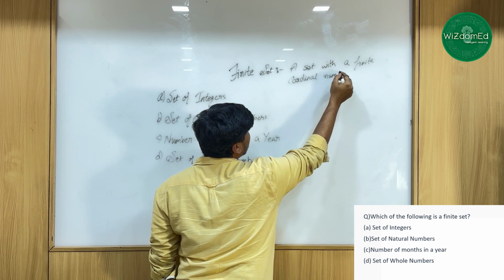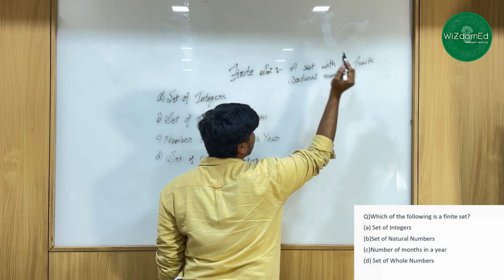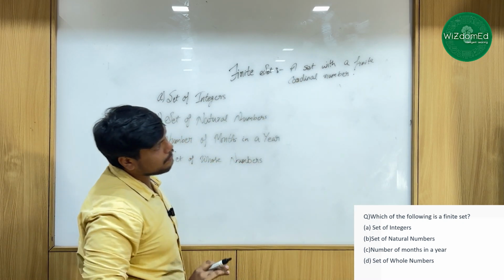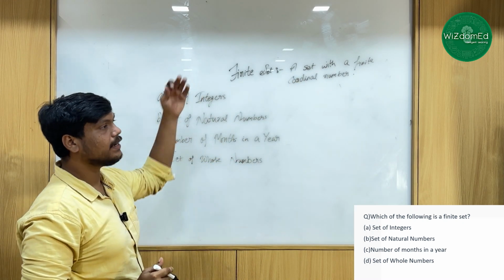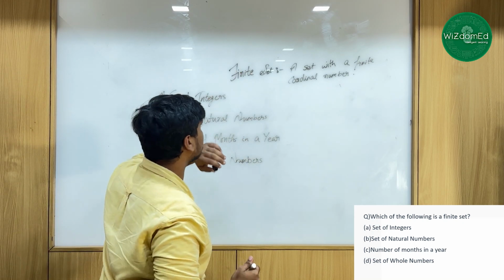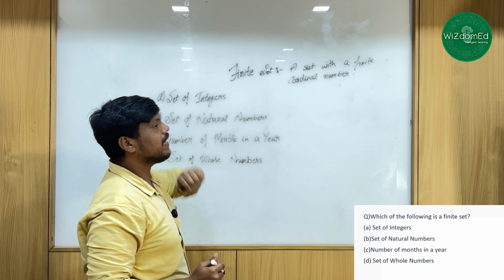What do we mean by cardinal number? The number of elements present in a set. So if there is a finite number of elements present in a set, it would be finite. And if there is an infinite number of elements, then it would be infinite. Here we are supposed to find the finite set.